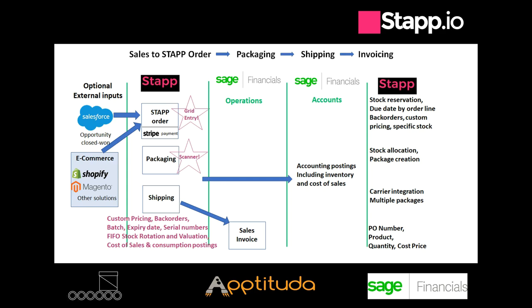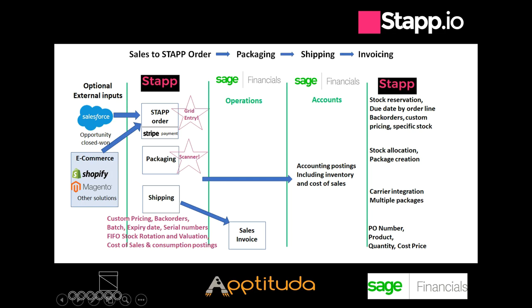Within the Stapp environment, we have custom pricing, we have backorder handling, and we also support batch numbers, expiry dates, and serial numbers where they're required. The system's based on first in, first out stock rotation and valuation, and that ensures system integrity where we're posting cost of sales and consumption postings directly into the Sage Financials environment.